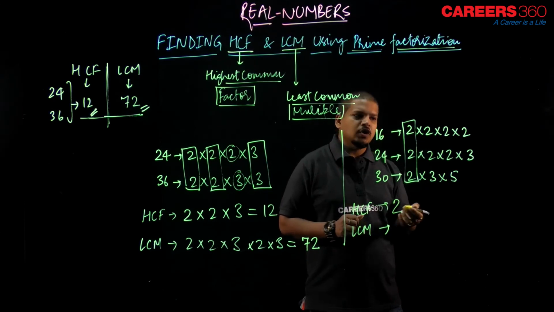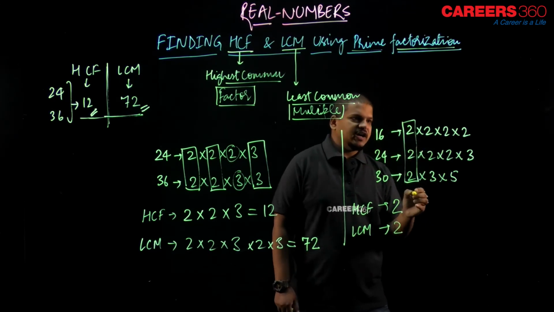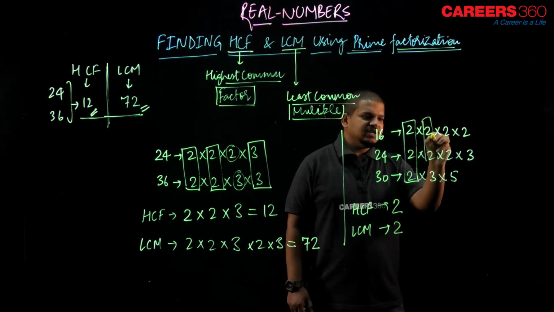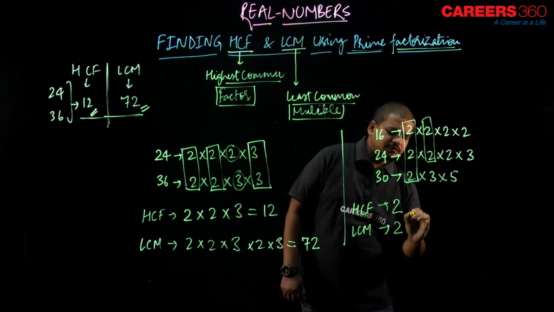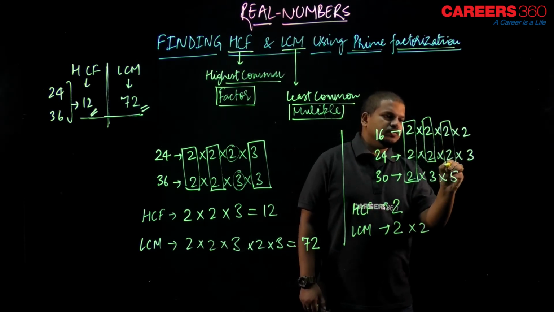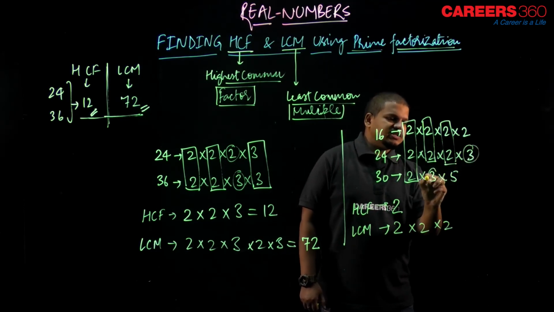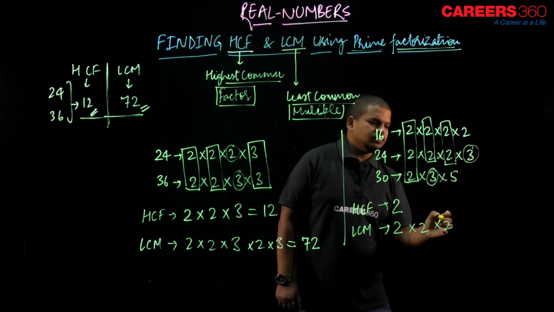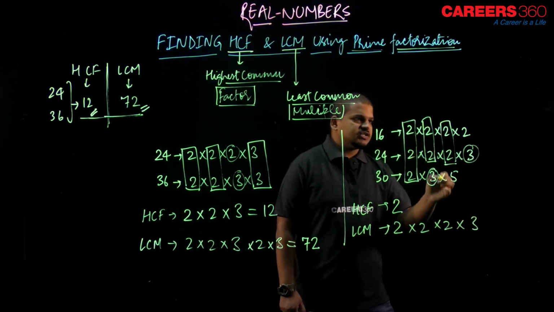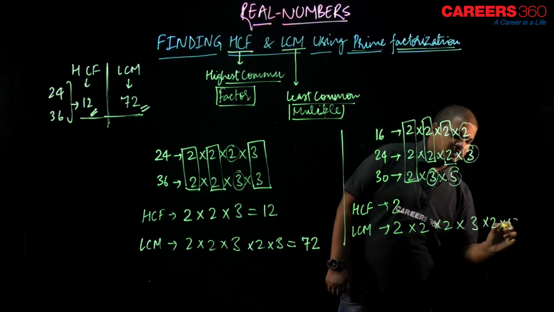You have to take out all the common things first of all. So, this 2 I have taken, then again there is this 2, that I will take out once, then again there is this 2, that also I will take out once, and then there is 3, this is common between the two, so that I will also list out. There is 1 2 remaining, there is 1 5 remaining, so 2 into 5.